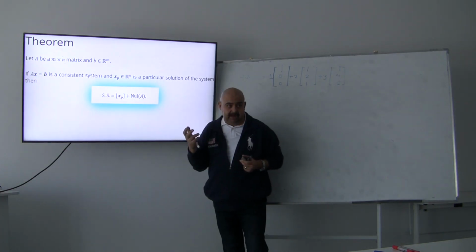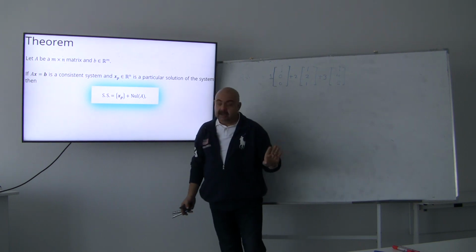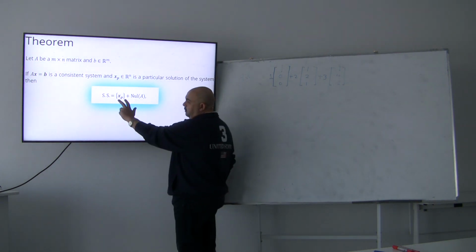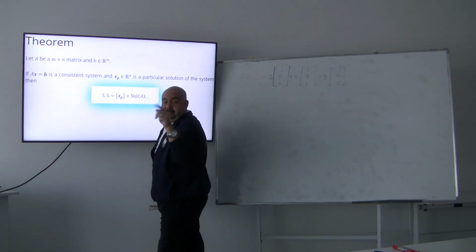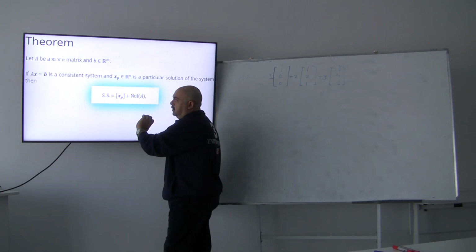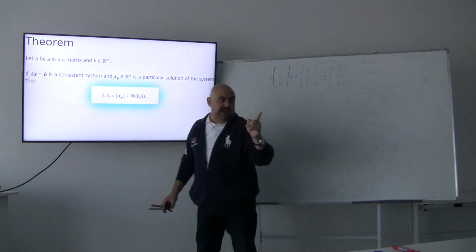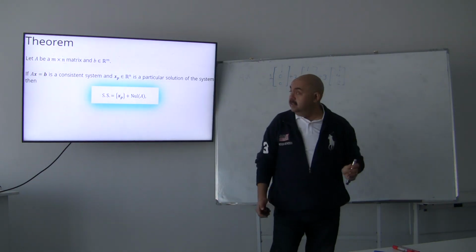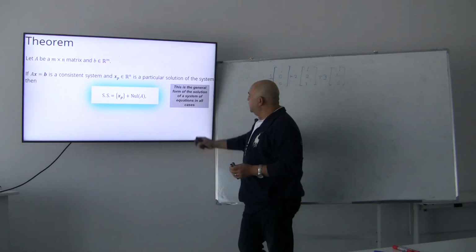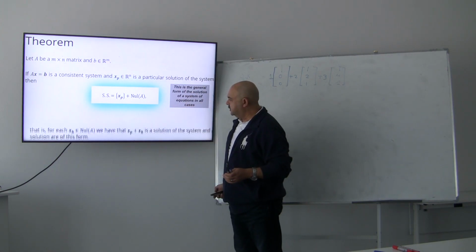So what I mean is the solution set of any system of equations equals a particular part, related to B, plus the homogeneous part for the solution of this system. If I solve AX equal to 0, this is what we got by null of A. This is what we did previously. So this is mainly the solution set. This is the general form of a solution for a system of equations in all cases.